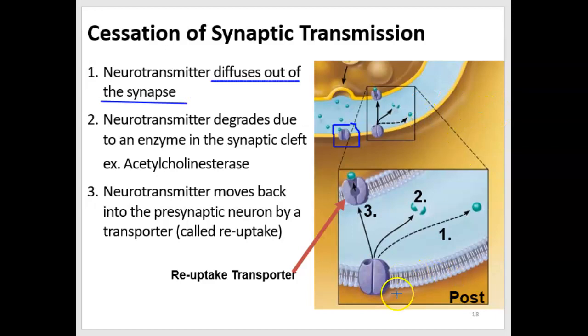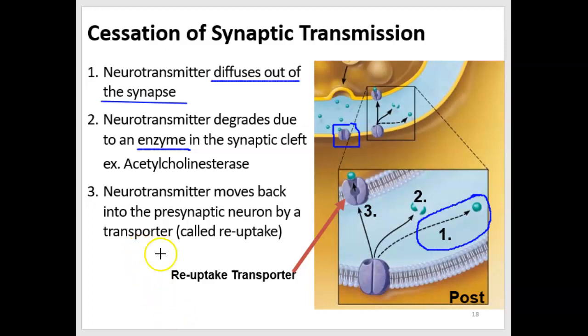It just goes away. And that's what number 1 shows down here, is that the neurotransmitter has just come off and diffused away. But in some cases, a synaptic cleft has an enzyme that breaks down the neurotransmitter.